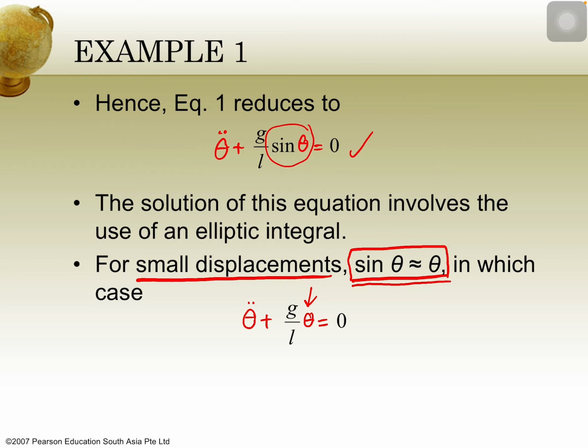This is to simplify our equation. If the question mentions that the displacement is small, we can use this assumption. But if there is no mention of small displacement, we cannot use this assumption.